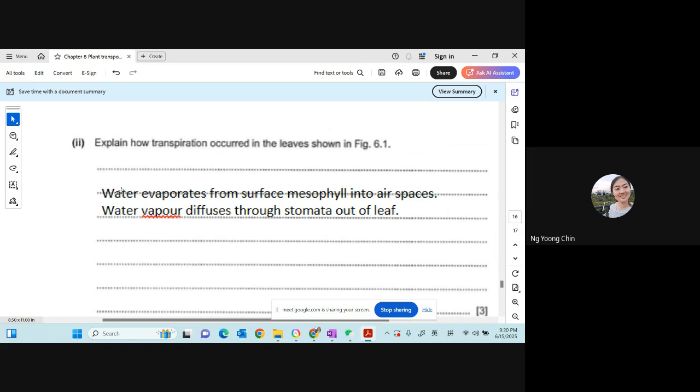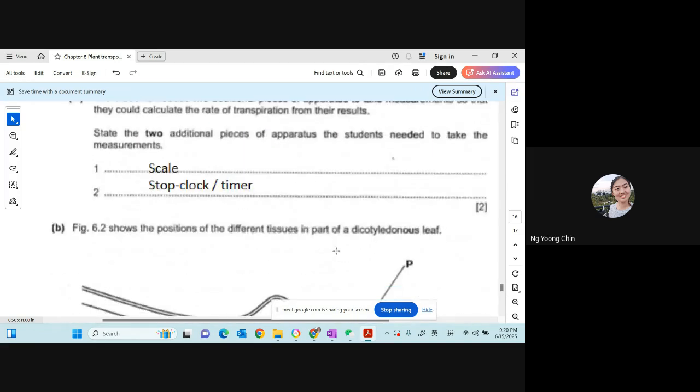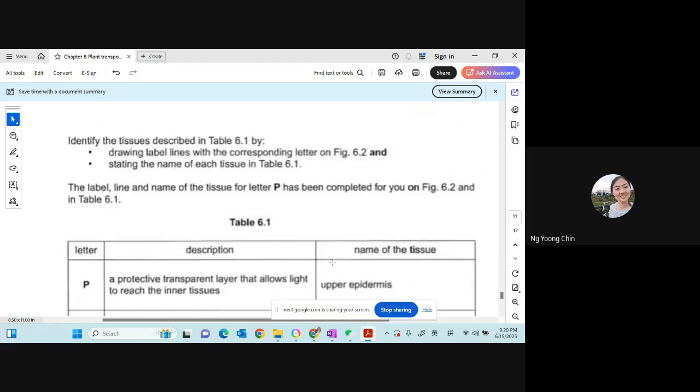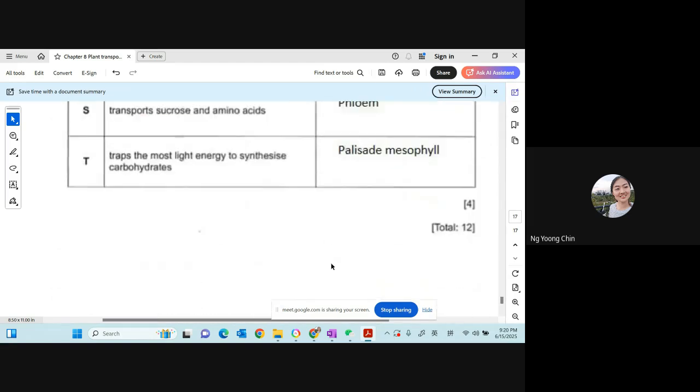After water undergoes evaporation in the airspace, it produces water vapor. This is when the water vapor is lost from the leaf through the stomata. So if the water in the airspace is still water, after it undergoes evaporation, it becomes water vapor.